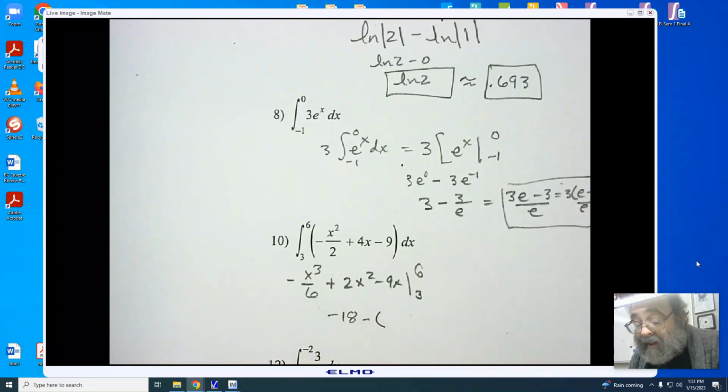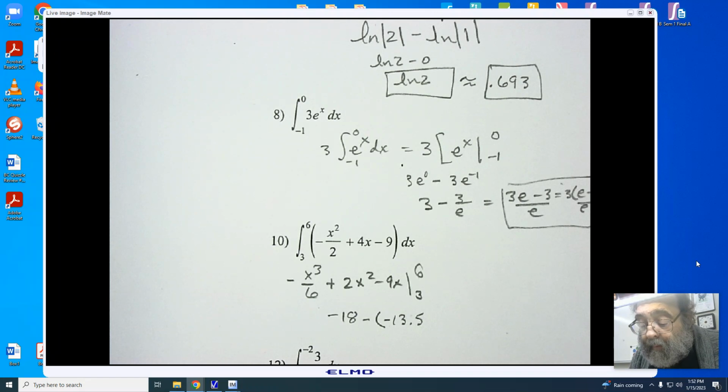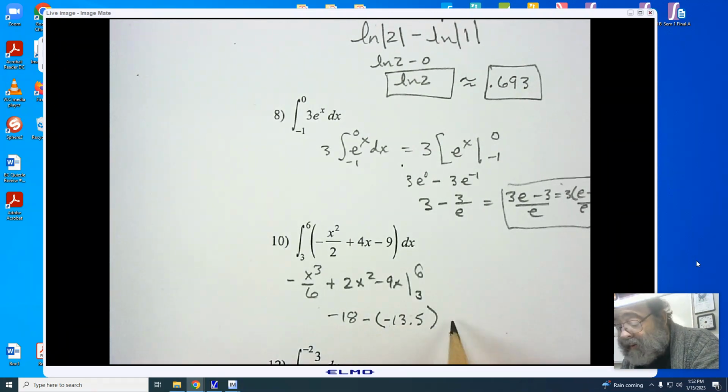I'm now going to subtract following the same pattern, but instead of a 6, I now plug in a 3. We'll see what we get. Hit enter, and I'm looking at negative 13.5. So now I have negative 18 minus negative 13.5, and I end up with an answer that is negative 4.5.